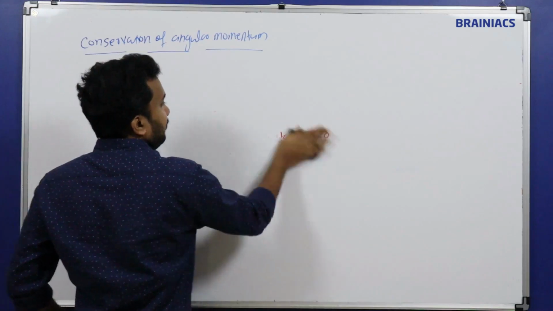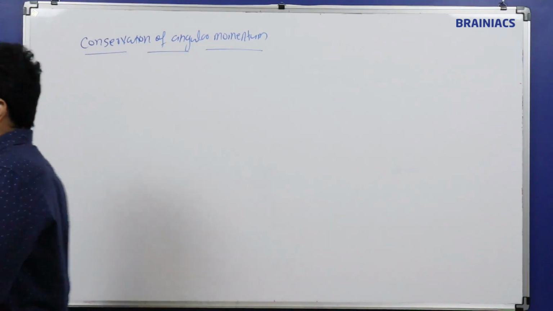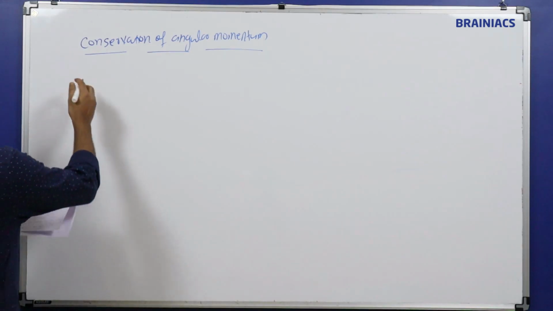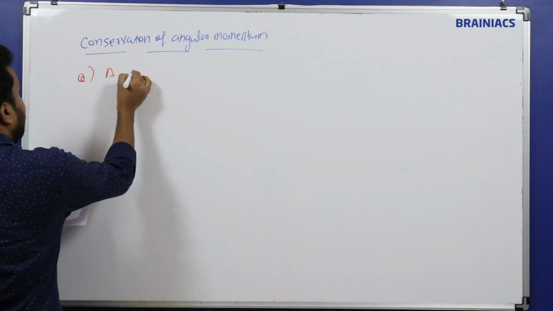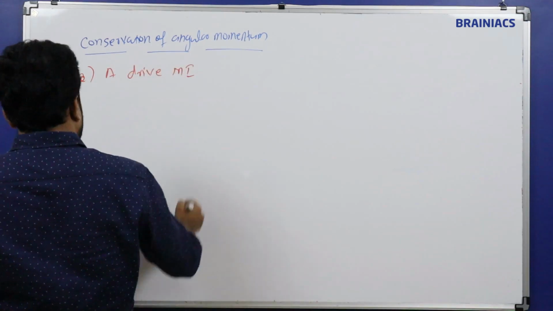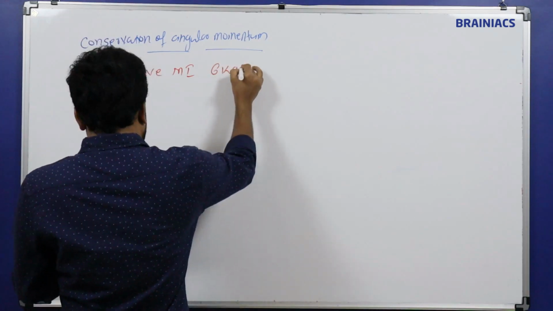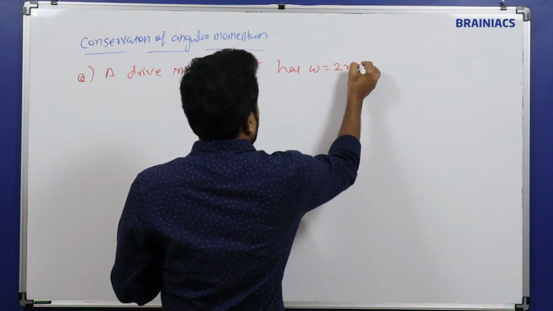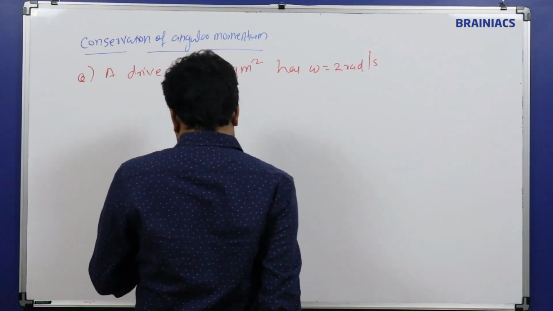This is quite simple, and there are no complications, but we have to apply it in numericals. We should know how to apply it. So let's have a question over here. Please write down the question. A diver with moment of inertia 6 kilogram meter square has omega equal to 2 radians per second.